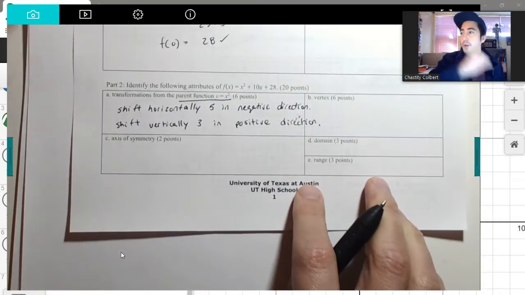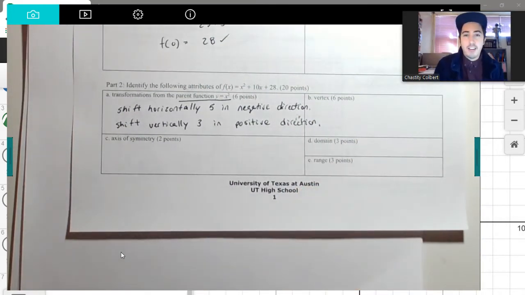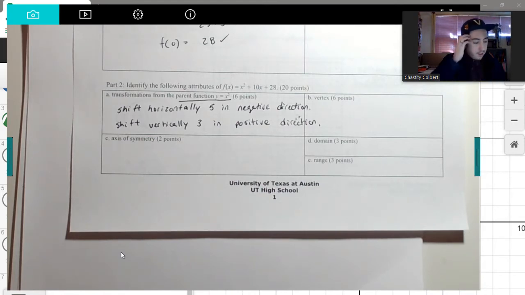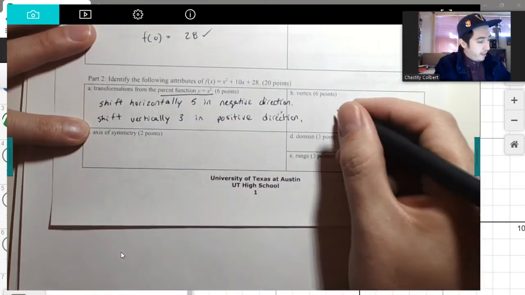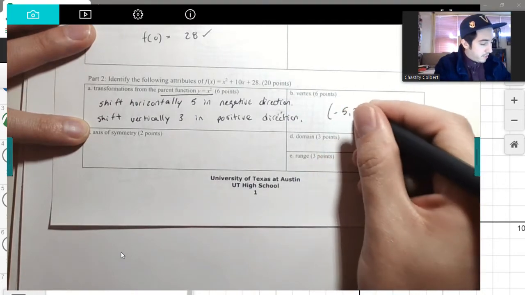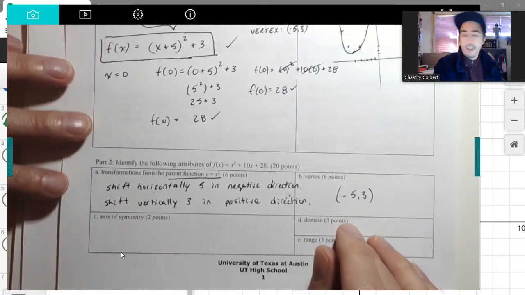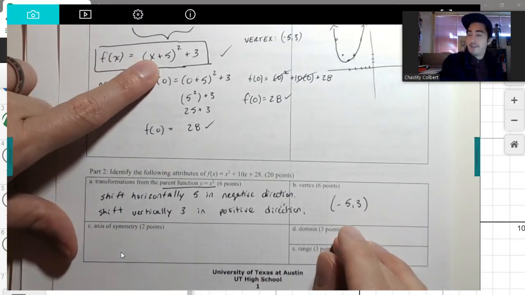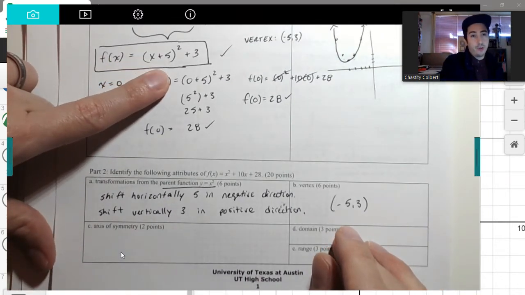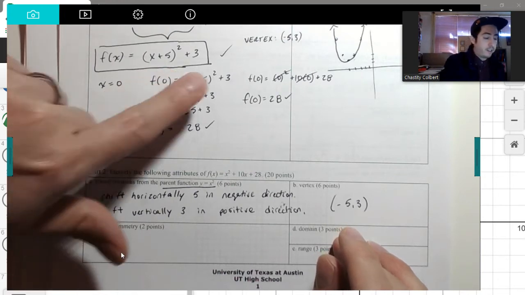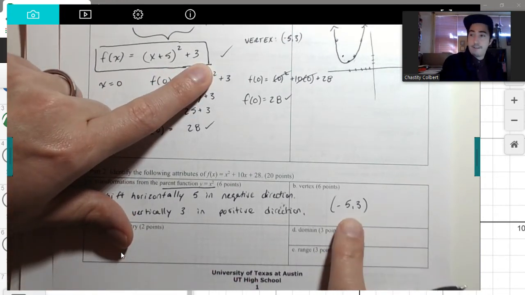You can say that a couple of ways. You shifted 5 to the left, you shifted up 3. That's the transformation there. The vertex, again, is at -5, 3. We see that when we graph it, and also when we complete the square and get it in vertex form, that's how you tell the vertex. It's the opposite of that. So instead of +5, it's -5. There's your k value, +3. So -5, 3.